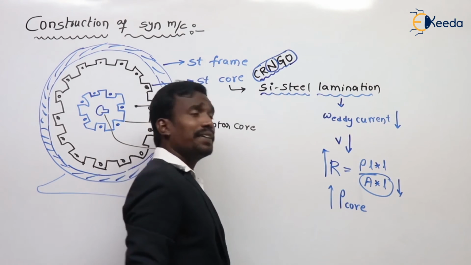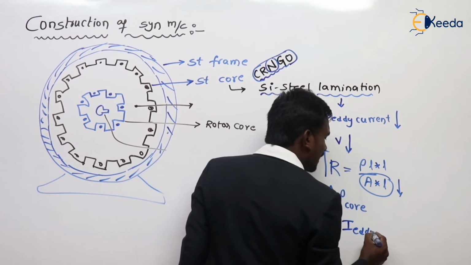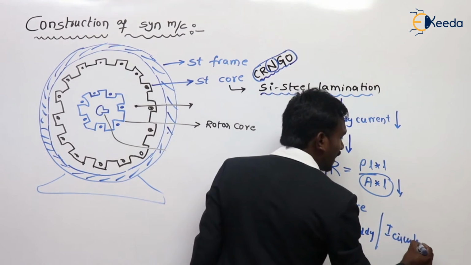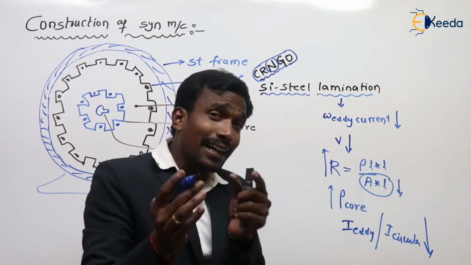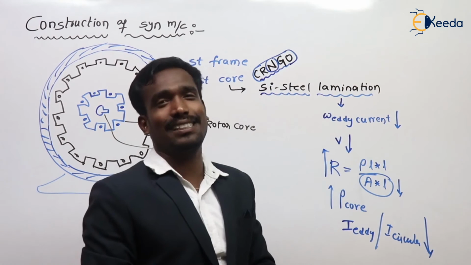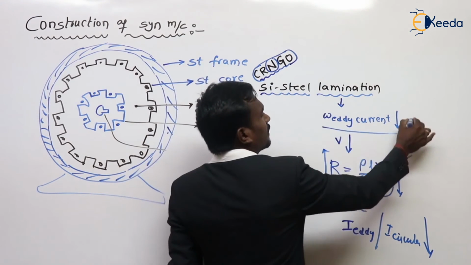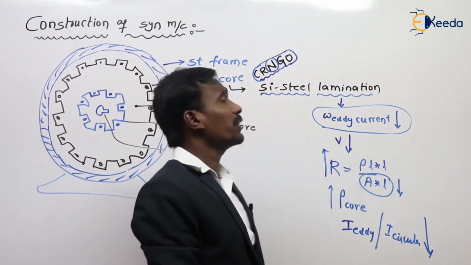If the resistivity of core material increases, then the eddy currents, which are circulating currents in the core, decrease. If the eddy currents reduce, then automatically eddy current losses also reduce.